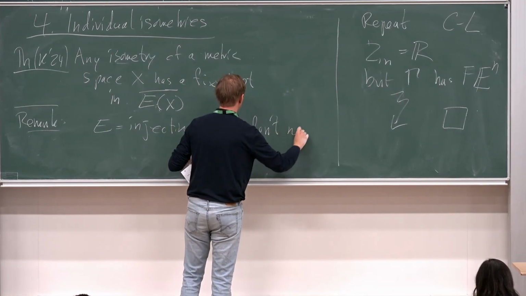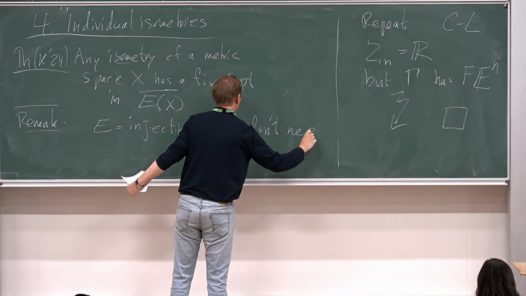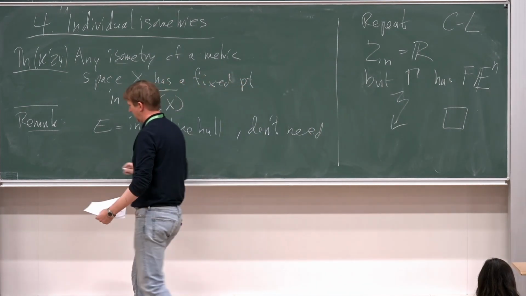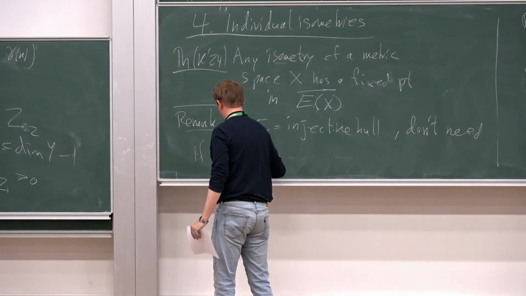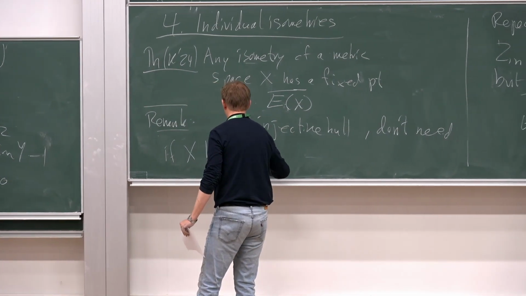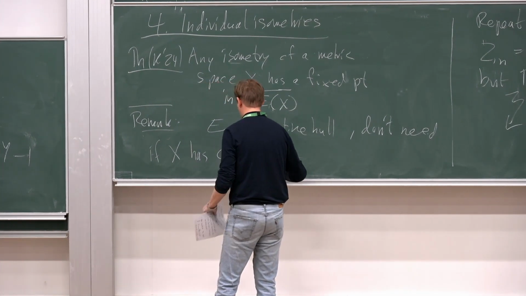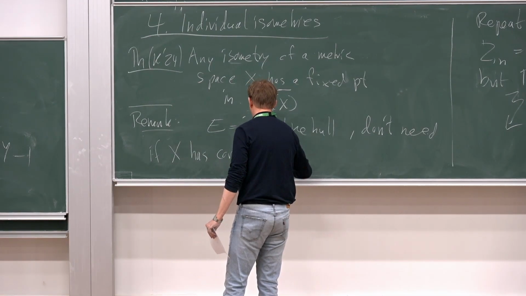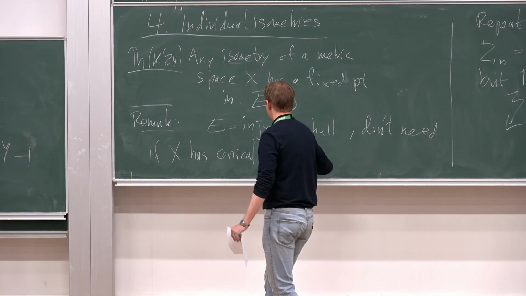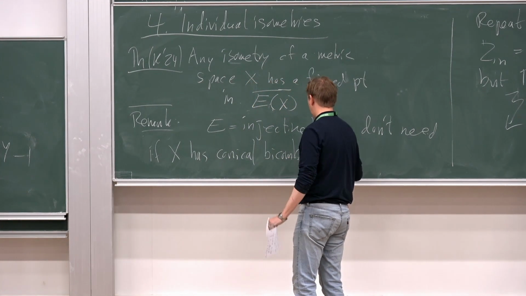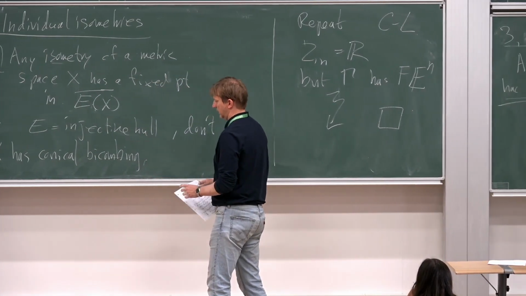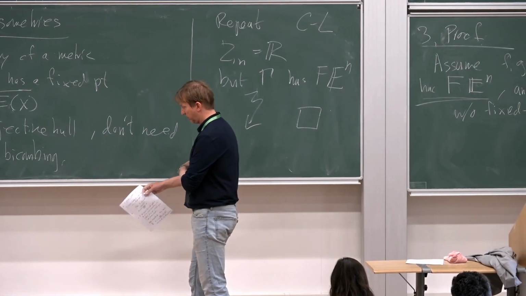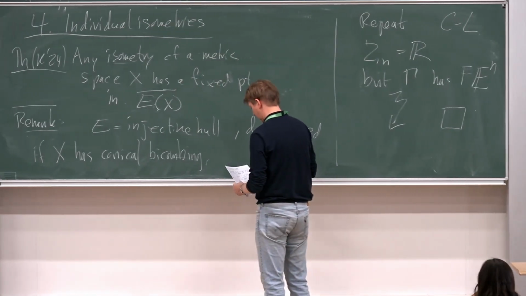I could have formulated it without it, assuming instead that X has a conical bicombing. I think the word comes from Thurston, or it's also by Takahashi, and Busemann used the word distinguished geodesic.